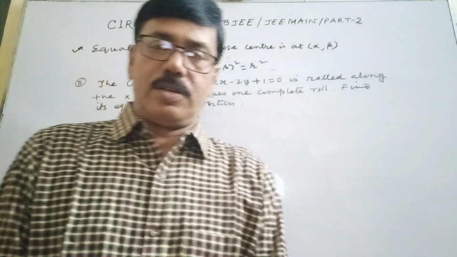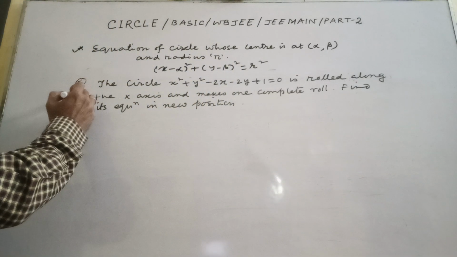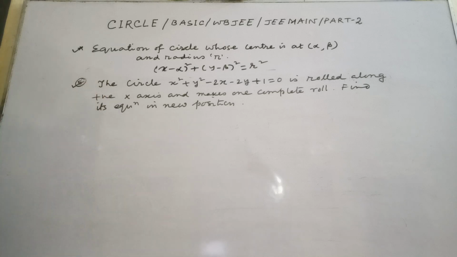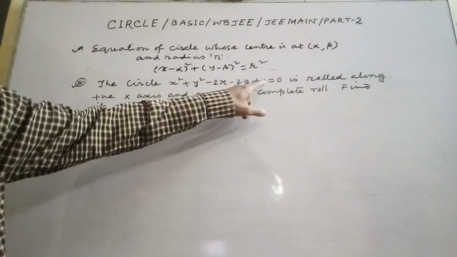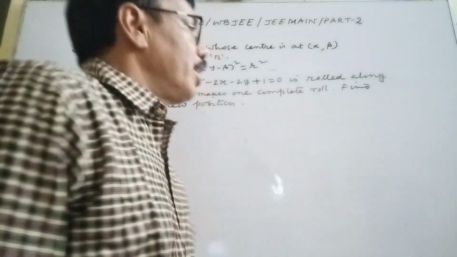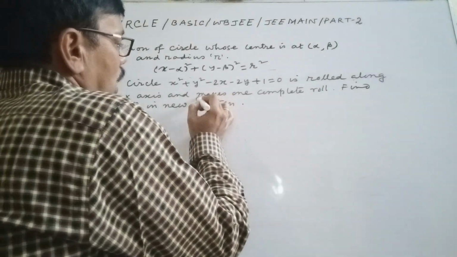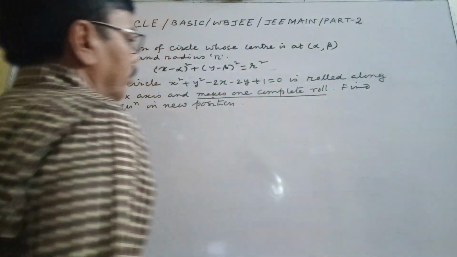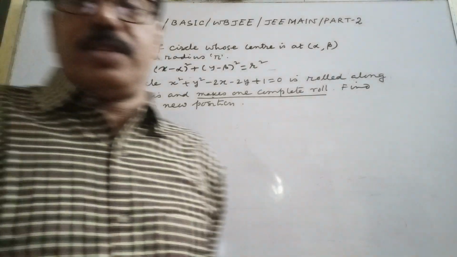Now we consider one more problem. Problem number 5. The circle x square plus y square minus 2x minus 2y plus 1 equals 0 is rolled along the positive x-axis and makes one complete roll. Find the equation of the circle in its new position.